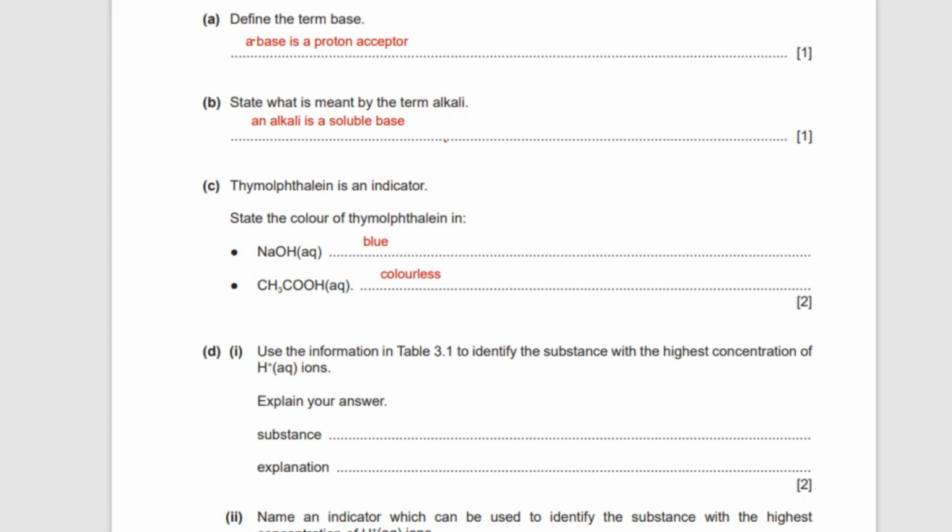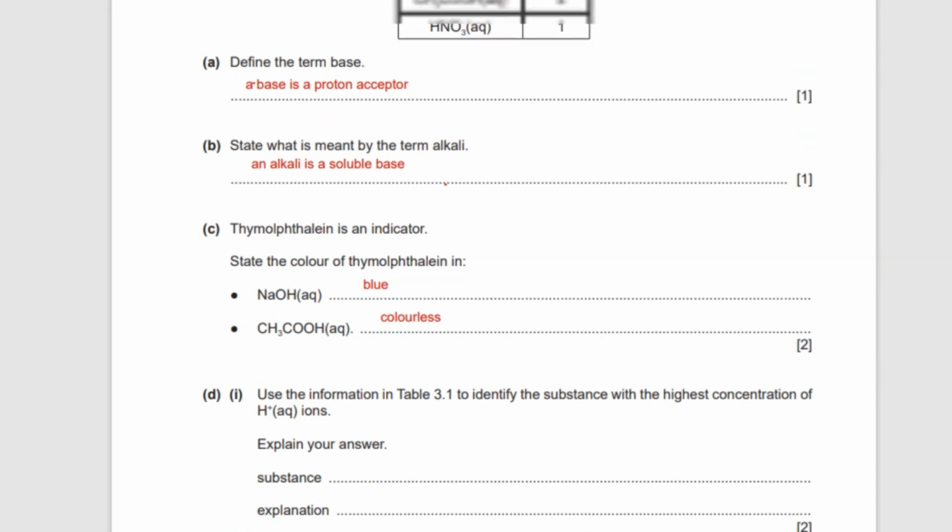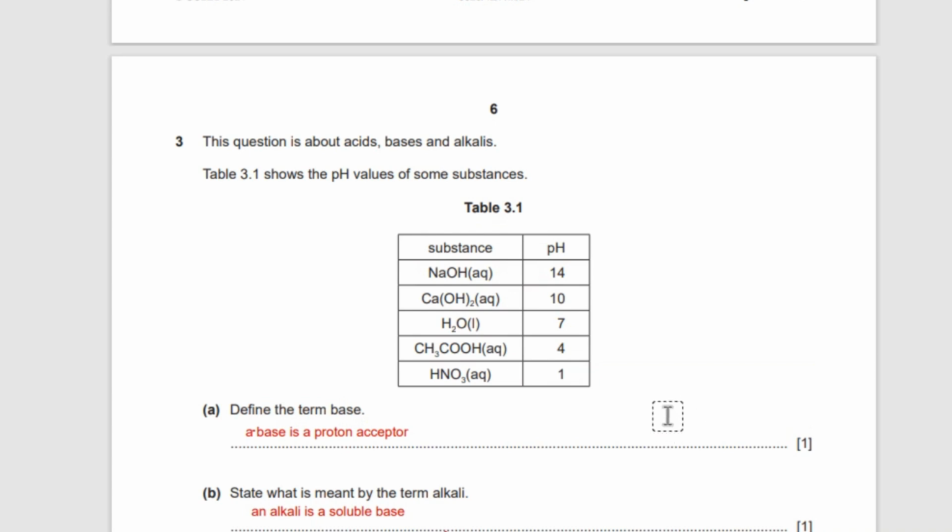Okay, all right, so we make progress to D(i). Use the information in table 3.1 to identify the substance with the highest concentration of hydrogen ion. So we go to table 3.1. Now the table is giving us pH. I want to use the pH values to know the concentration of hydrogen ion.